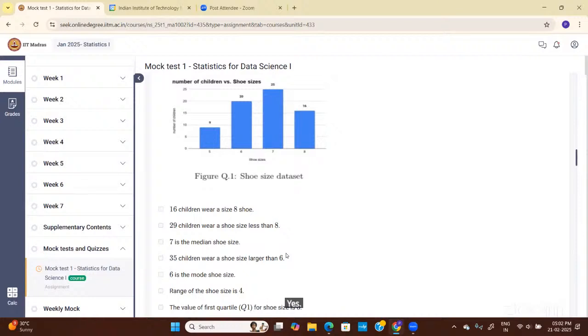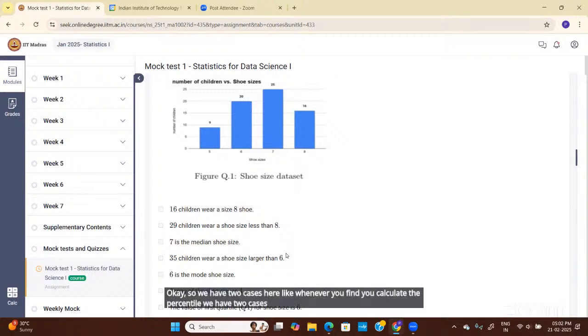Any doubt in this part? 70 into 0.25 is equal to 17.5. So we have two cases here. Whenever you calculate the percentile, we first find the value of nP.